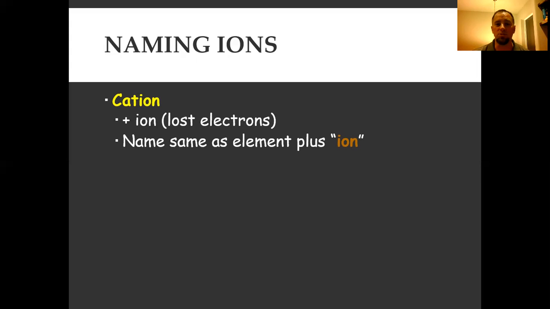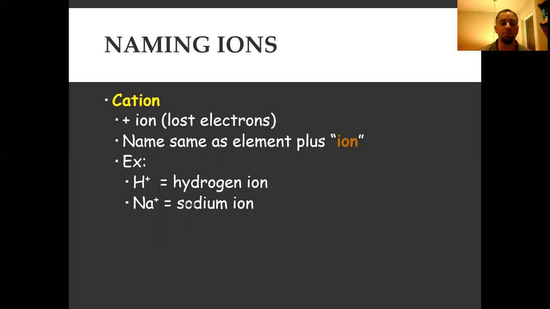That's all we have to do, just add ion to the name of the element. For example, if I have a positively charged hydrogen ion, we simply name it hydrogen ion. Sodium is known as sodium ion. Magnesium, magnesium ion.